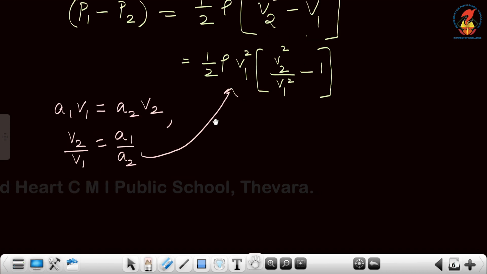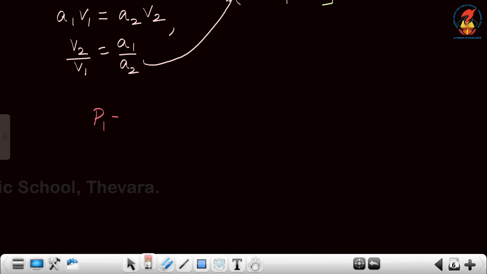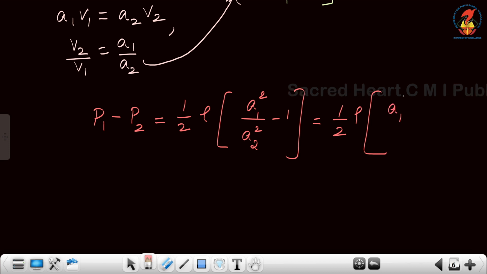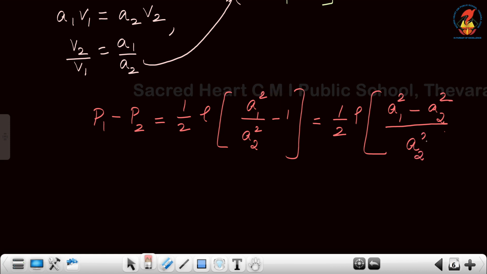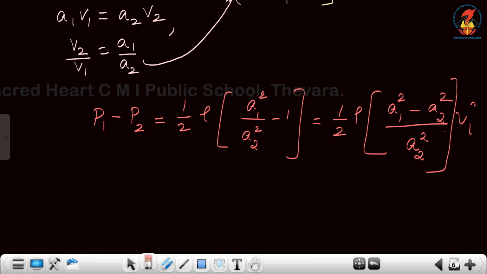I will get P1 minus P2 is equal to half rho into, instead of V2 square by V1 square, I am going to write A1 by A2, so I can write A1 square by A2 square minus 1, which can be written as half rho into A1 square minus A2 square by A2 square into V1 square.